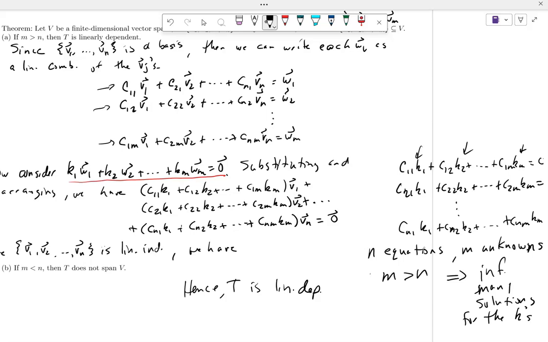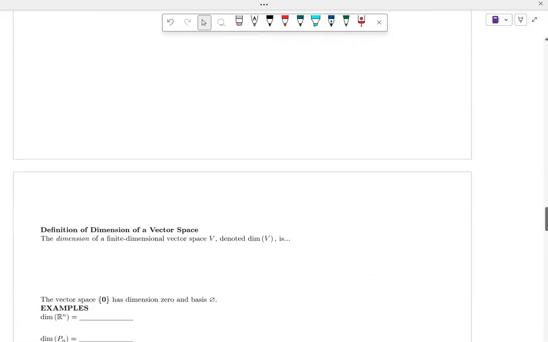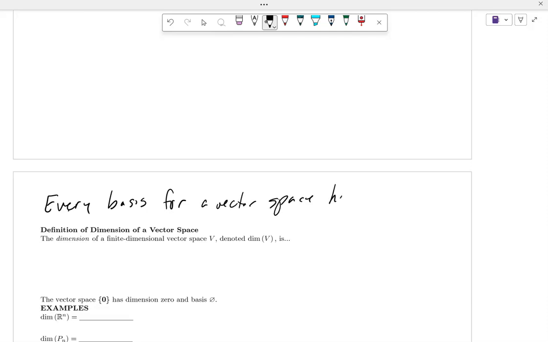Okay? The proof of the second part is much like the proof of the first part. You just have to rearrange it a little bit. It's not too big of a deal. Okay. So what does this tell us? The crux of this is that every basis for a vector space has the same size.